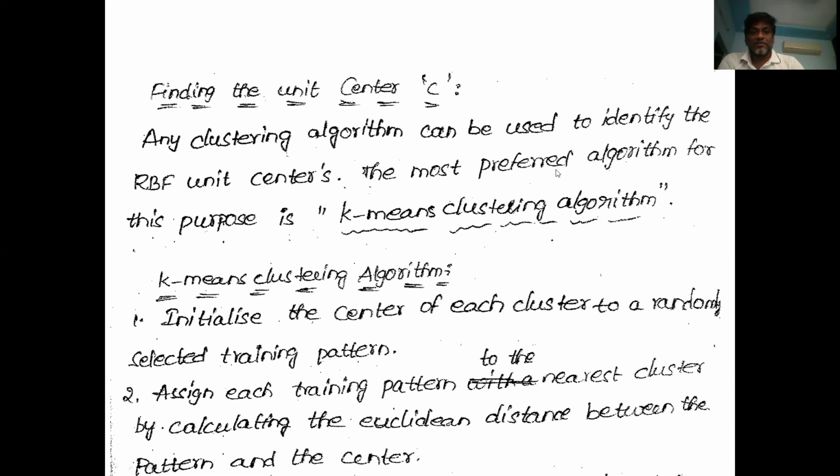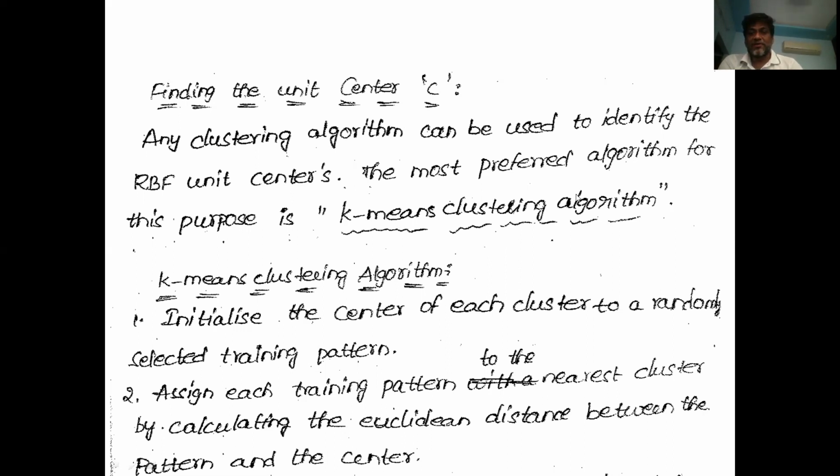Now let us see how these network parameters can be identified. The first thing is, how do you identify the unit center c? That is how centers will be selected. For this task, we can use any clustering algorithm to identify the RBF unit centers.